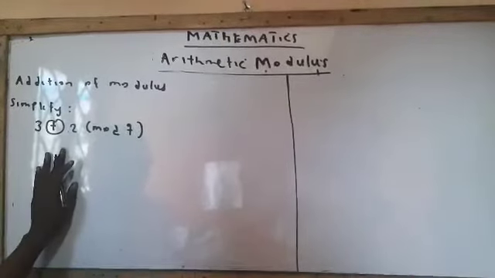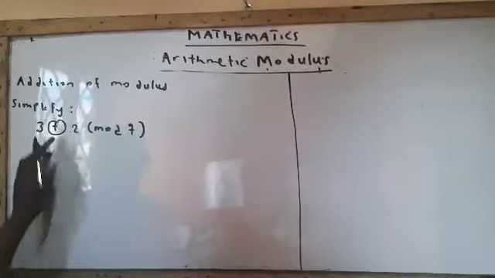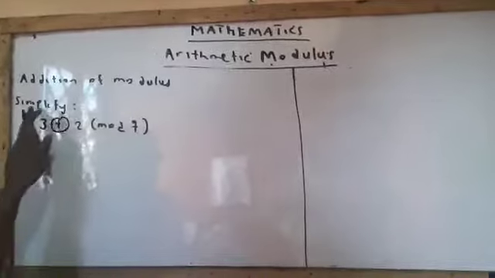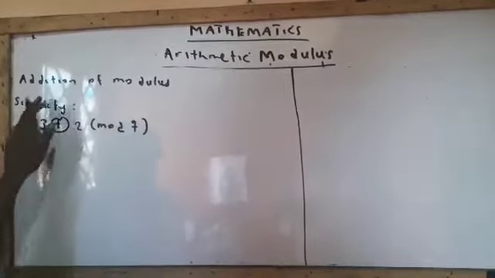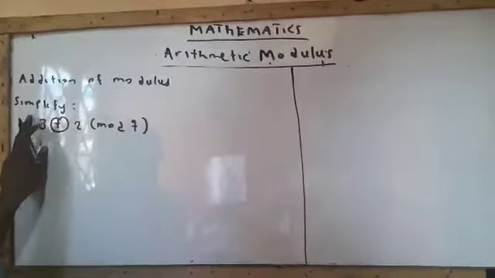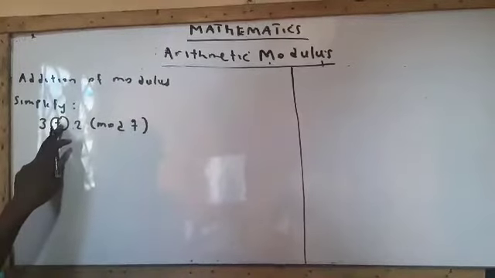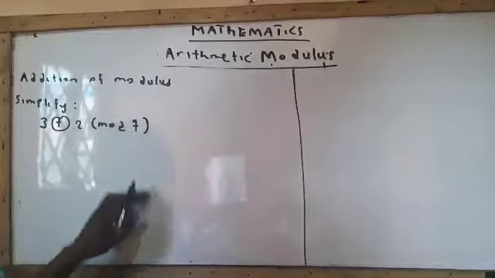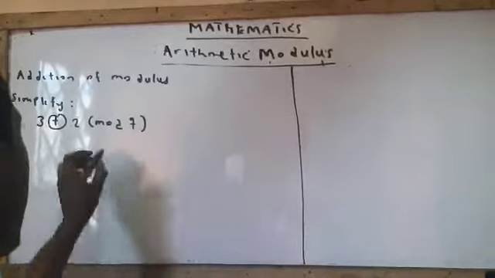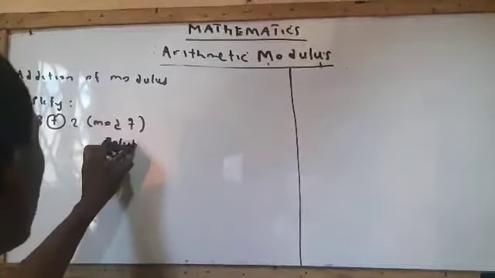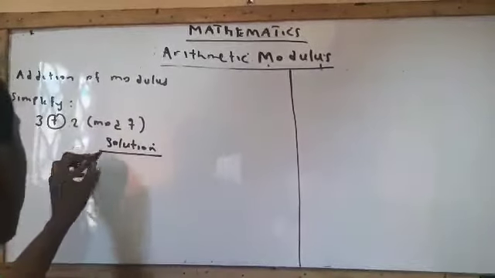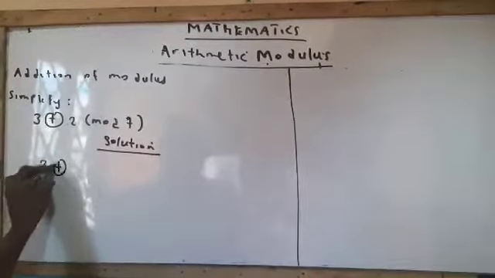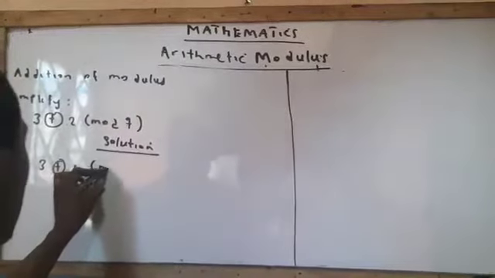Now, let's look at this typical example. We're asked to look at modulus under addition. Simplify 3 plus 2 mod 7. So this is my solution. I'm going to perform the operation normally.